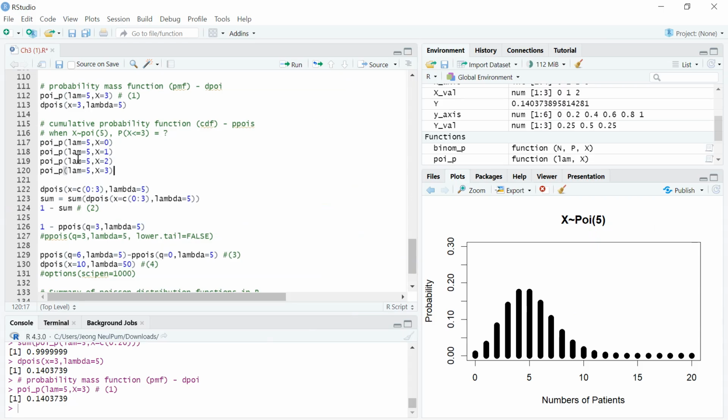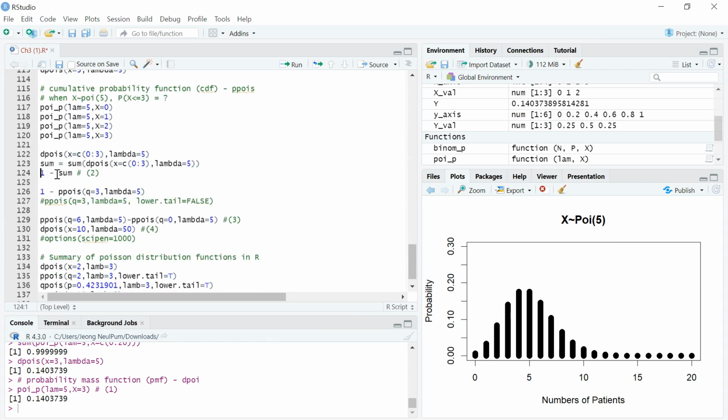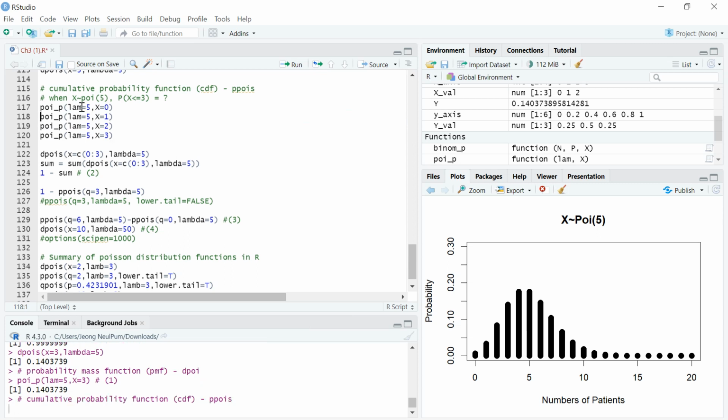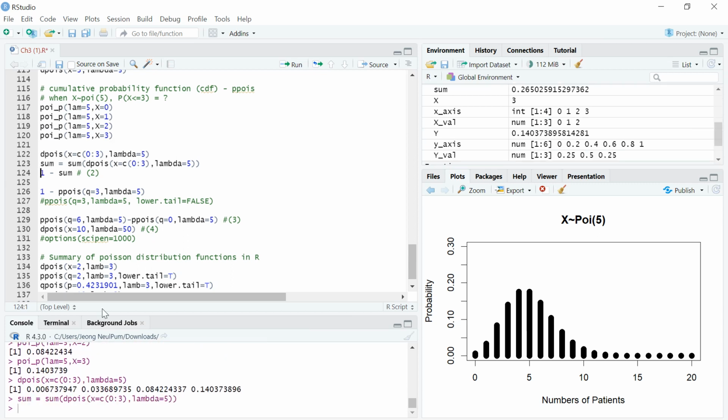So this is what I did here. Actually, it is the same as 1 minus the summation of all the probabilities when x is from 0 to 3. You can see that the 1 minus sum here is this value.